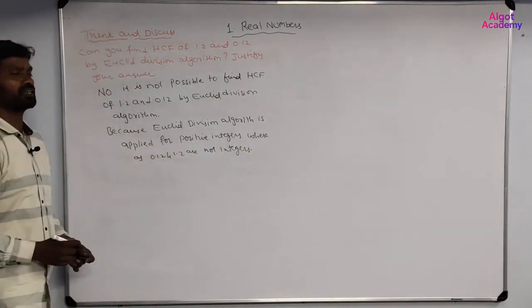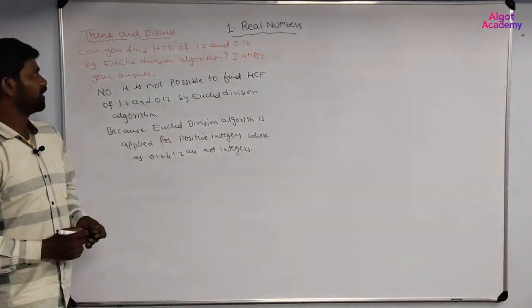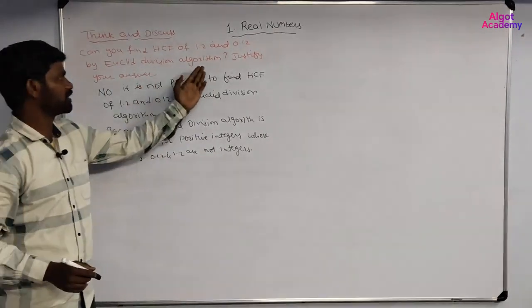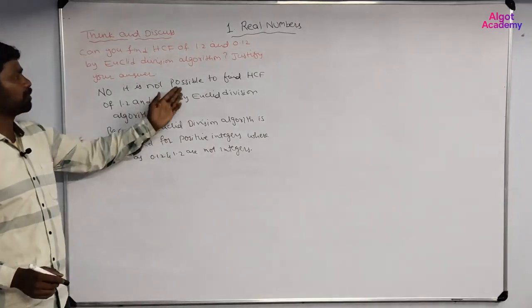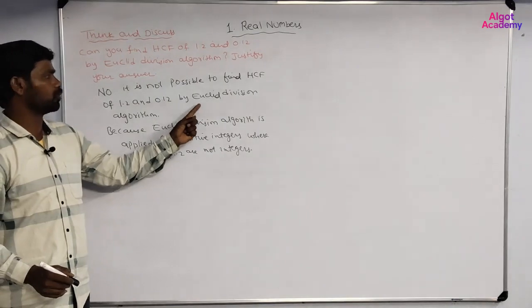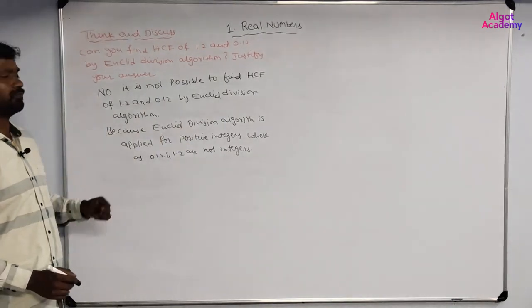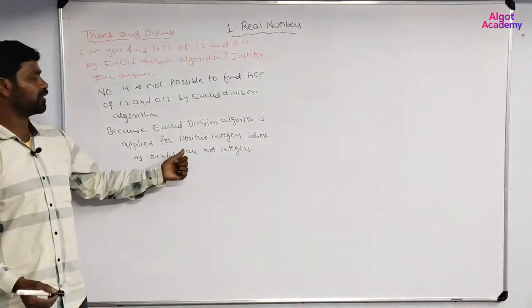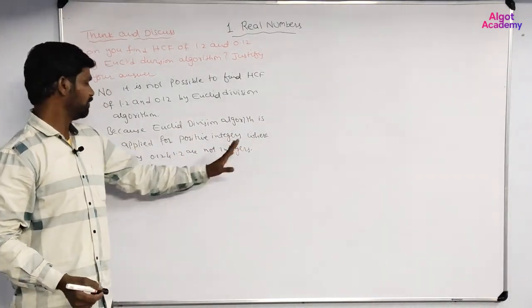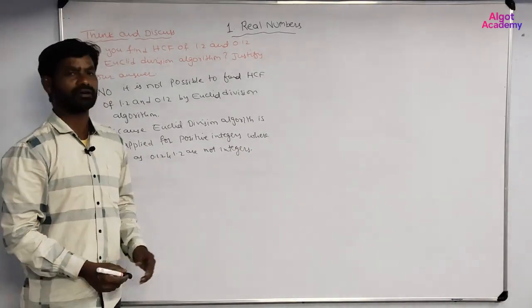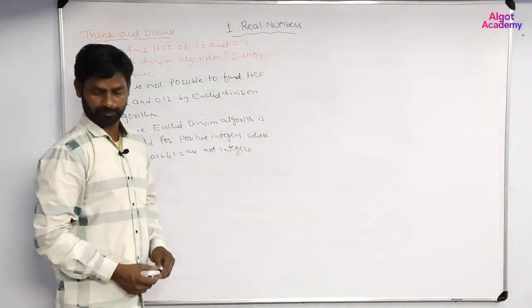So this is the justification for that question. Can you find the HCF of 1.2 and 0.12 by Euclid division algorithm? It is not possible, because Euclid division algorithm is applied for positive integers, whereas 0.12 and 1.2 are not integers. That's why it is not applicable.